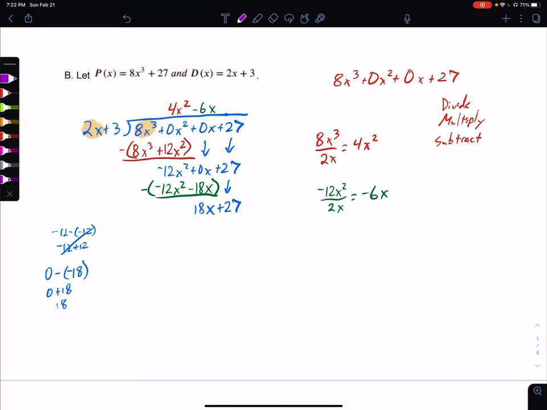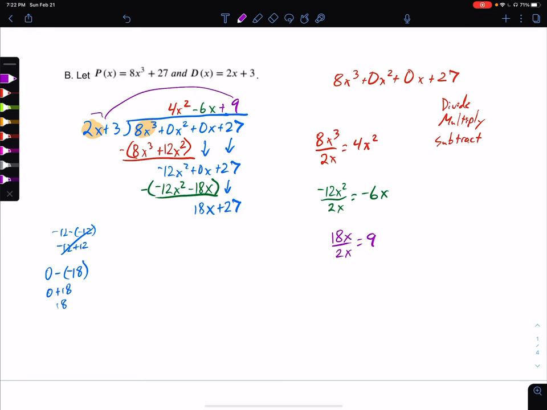We've now done our subtraction, so we repeat the process. 18x divided by 2x. So leading term divided by leading term. The x's are going to cancel out. 18 divided by 2 gives me 9. So that 9 will be up top.